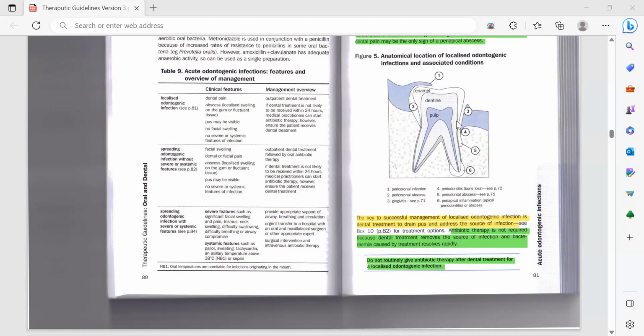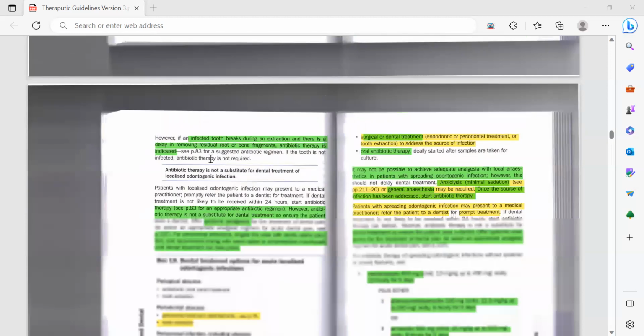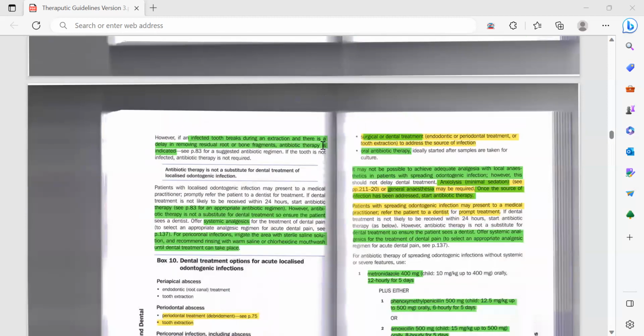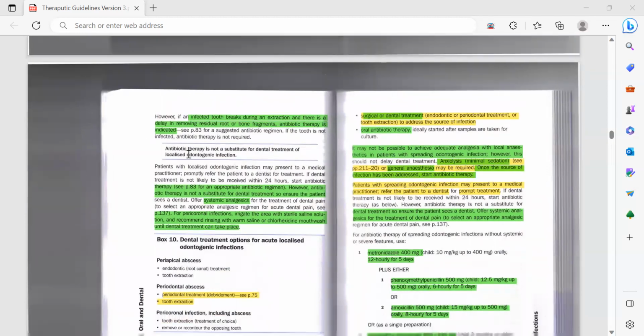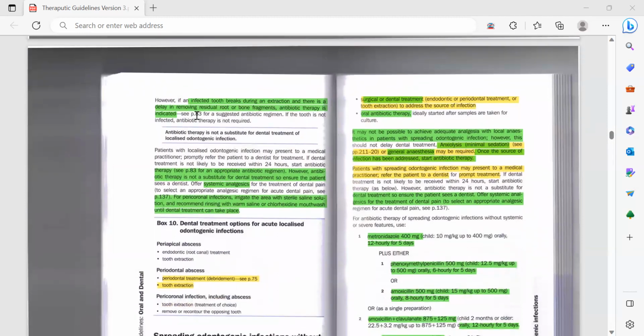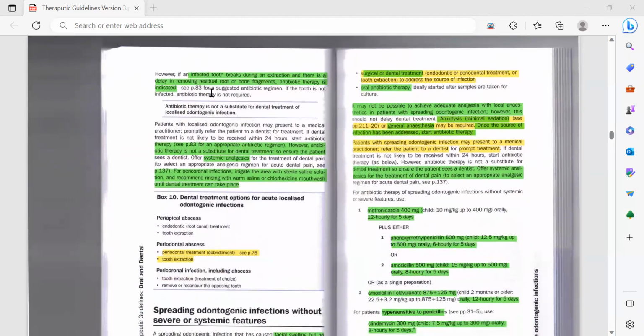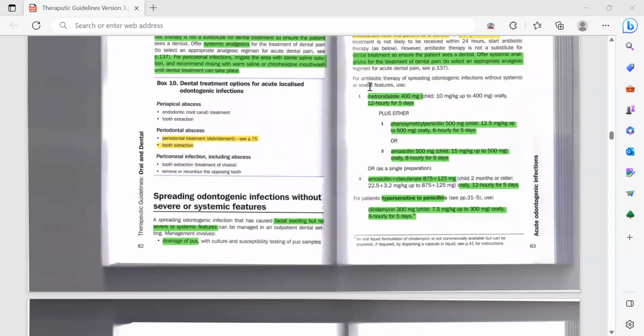There is a delay means you are not competent enough to do the surgical extraction, or you are not competent enough to take this root part out. Then you would need to prescribe the antibiotic therapy to the patient. And which antibiotic you need to prescribe, we will see on page number 83, this one.